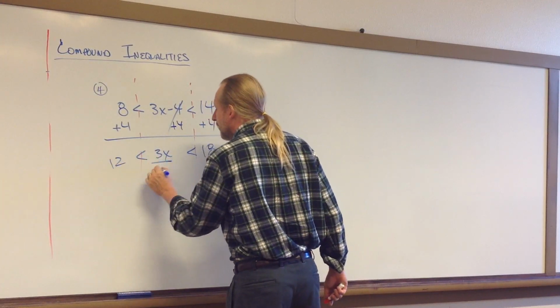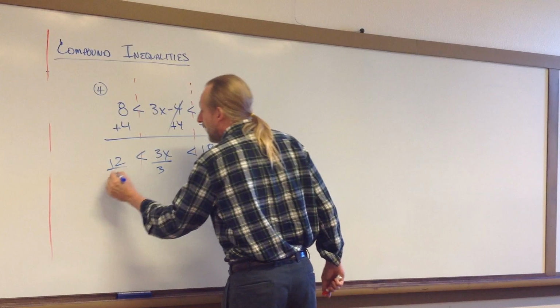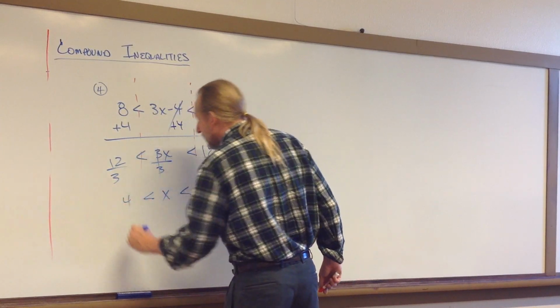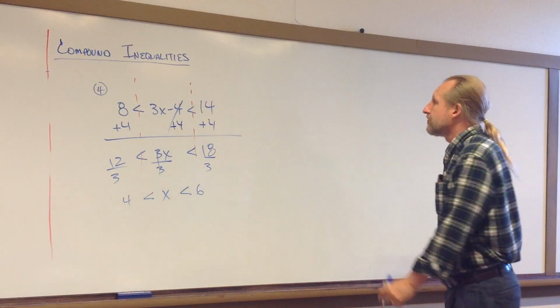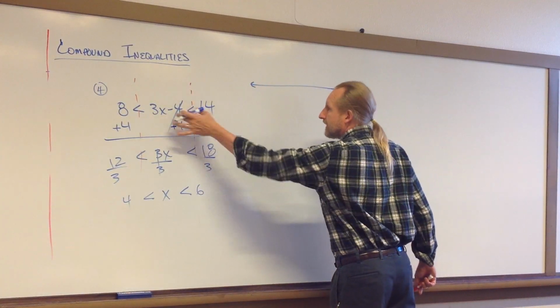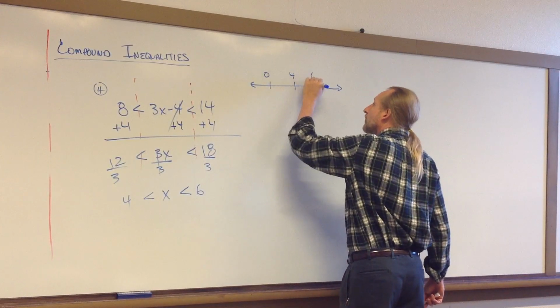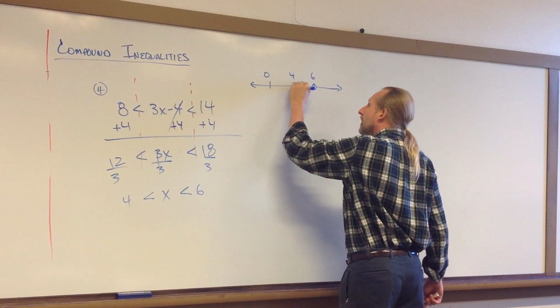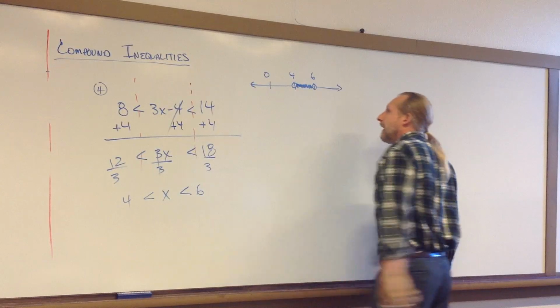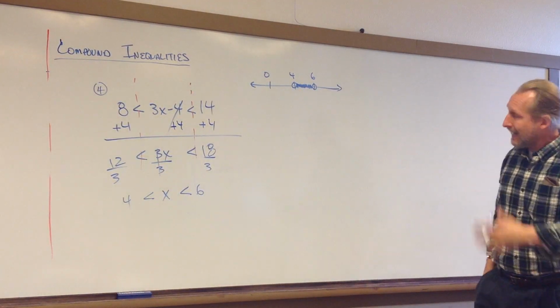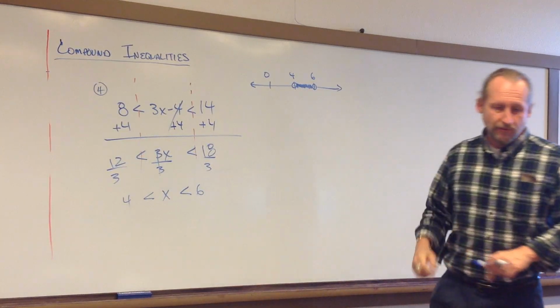Over here we have 12. Divide in 3 places by 3. And that says that our x should be between 4 and 6 to satisfy the original statement. And then we'll graph it on a number line. And there it is. X is less than 6, but greater than 4.